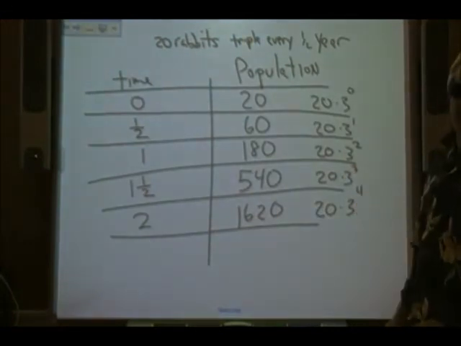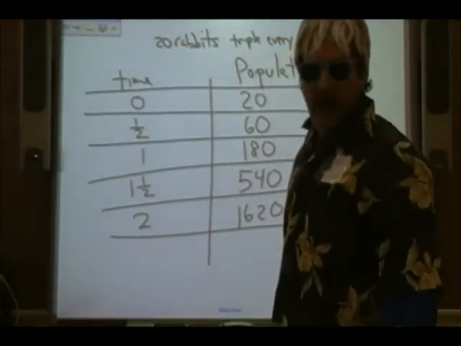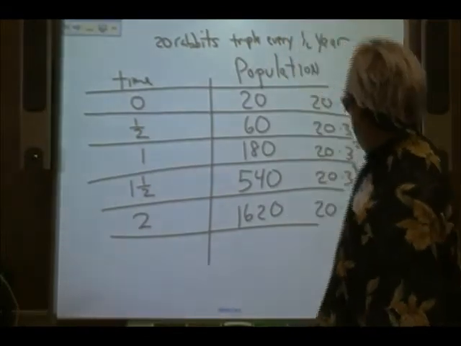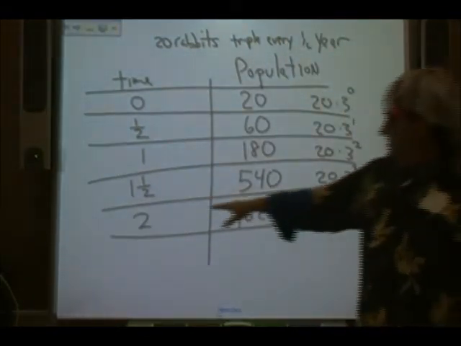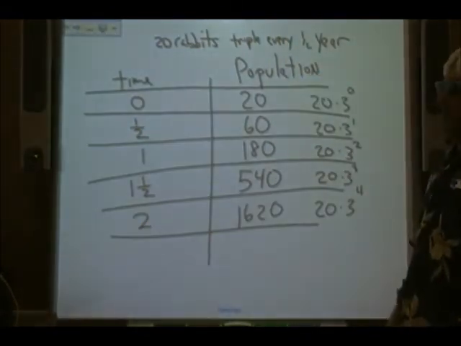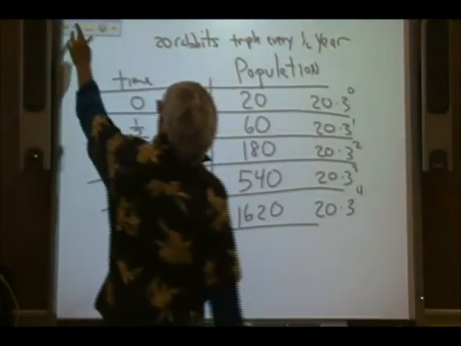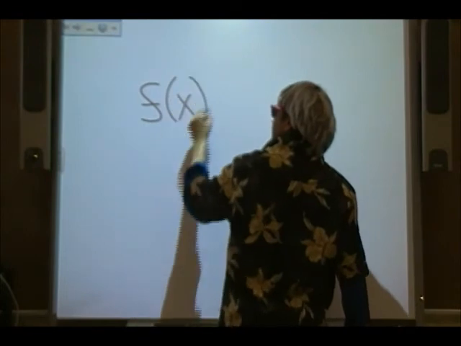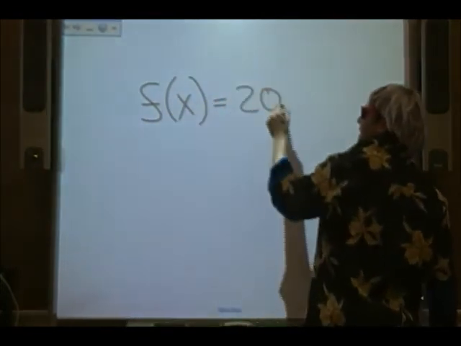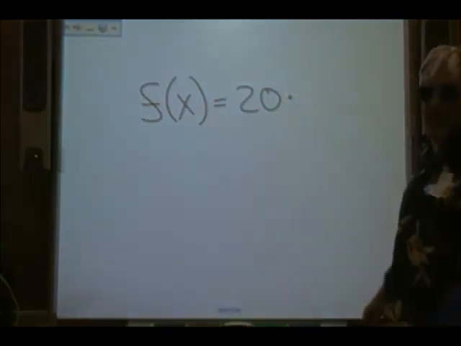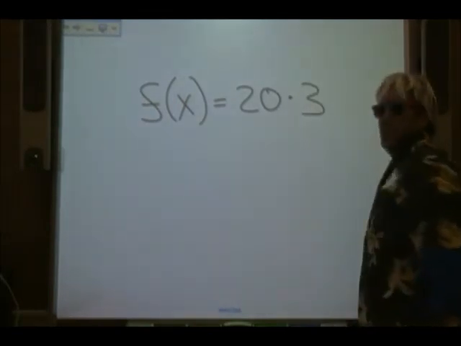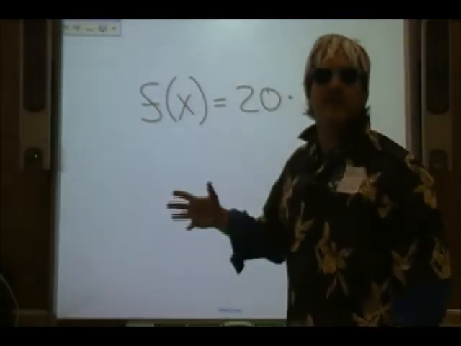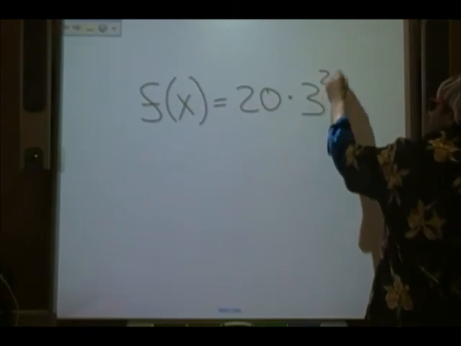So each time what you're doing is you're multiplying by 2. This 2 goes to 4. So if I wanted to get a function of this, you would say f of x equals 20 times 3 to the what power? Well, we have to double those half years.